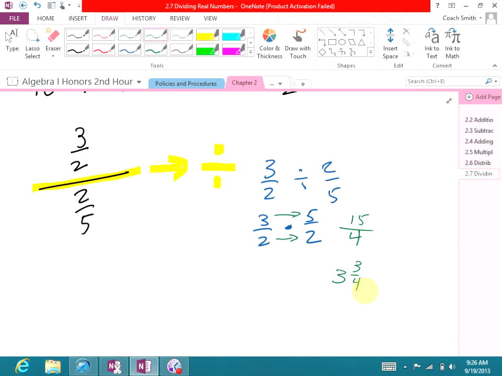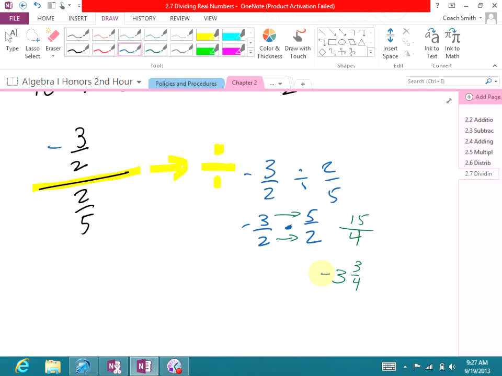Now, if they threw a negative sign in there, it wouldn't really matter. It doesn't change what we do. It just changes what the final answer is. If they were to put a negative right here, that doesn't change anything. You would just put the negative all the way down, and then it's right there. So it doesn't change anything with the negatives on how we do the problem.